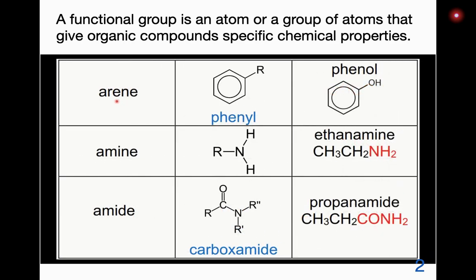The next example are the arenes, which have the phenyl functional group. An example is phenol. Moving on to the amines, this is the amine functional group. An example is ethanamine. And our last example are the amides. This is the carboxamide functional group. An example is propanamide.